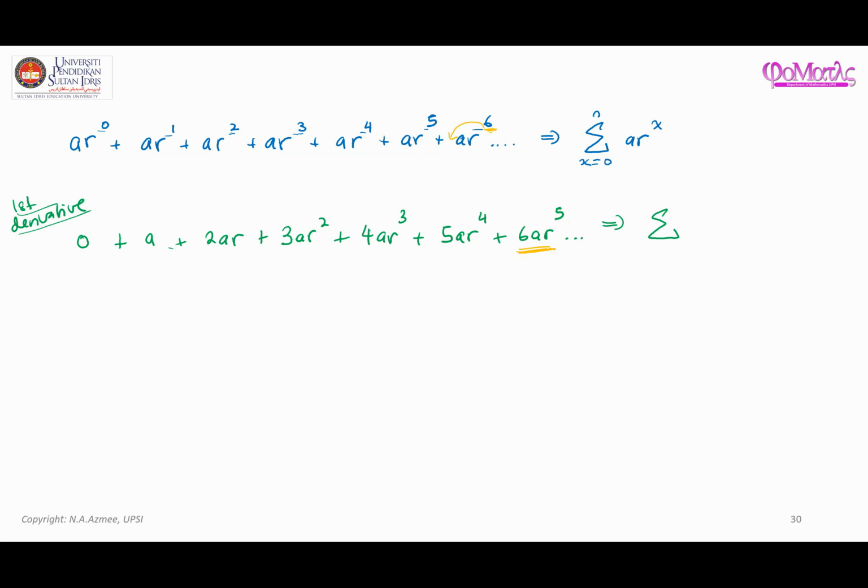If we have ar to the power of 6, then 6 is brought forward, and we have a and r, and the power becomes 5, because 6 minus 1 is 5. The same thing for this one: the 5 here is brought forward, so we have 5ar, and the power becomes 4 because we have 5 minus 1. That's the process when you differentiate this term.